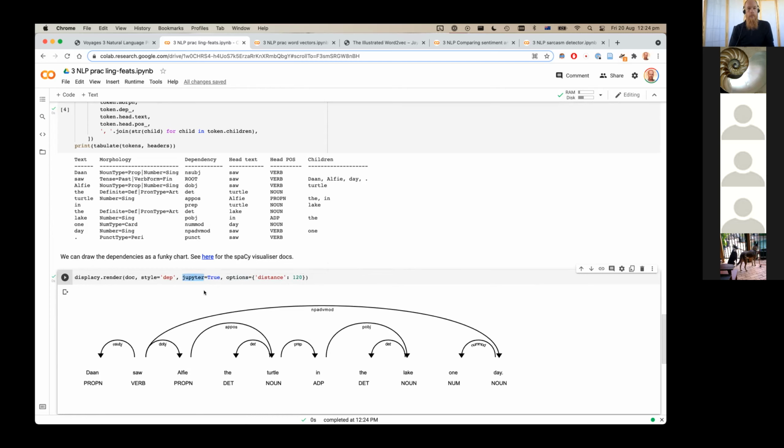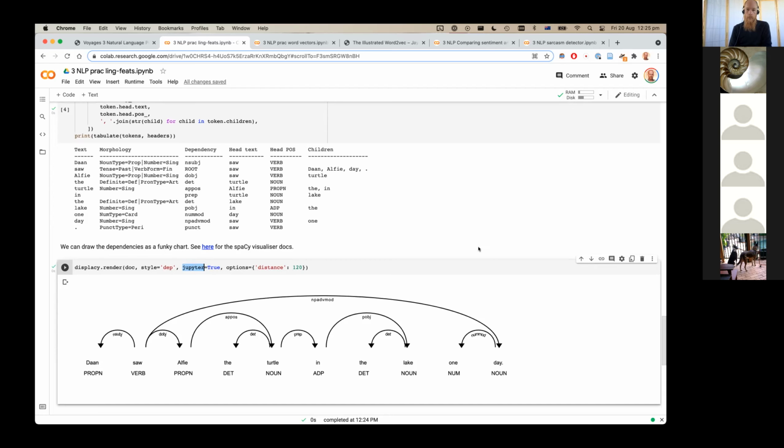The significance of this word Jupyter is that these Colabs are essentially Jupyter notebooks, interactive Python notebooks that are running on virtual machines. And if you're running these kinds of interactive Python notebooks locally, you could still use this jupyter command.